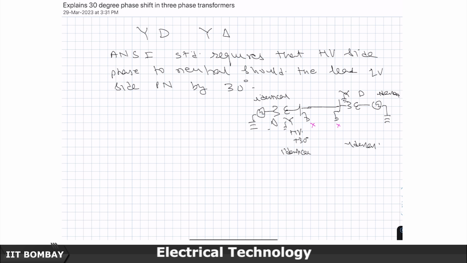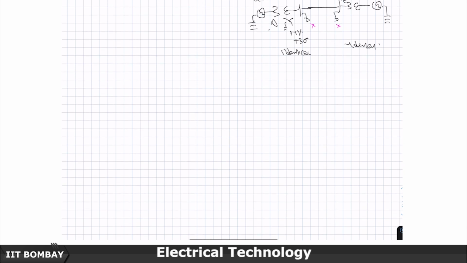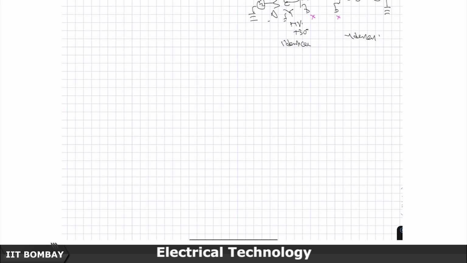Now, let us try to see how this connection is enabled, how this is achieved. To that end, let me first take the more natural case, where the star connection is on the HV side and the LV is the delta side.